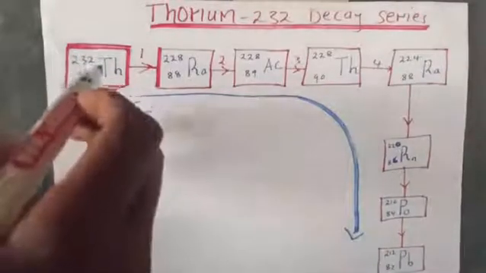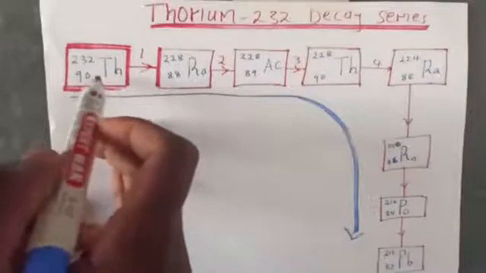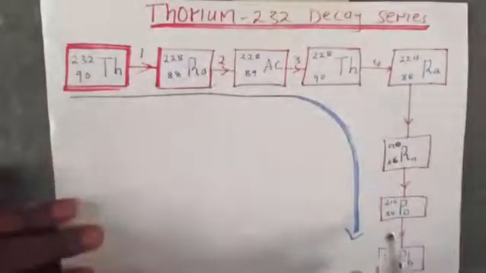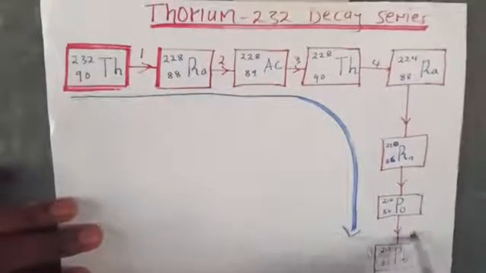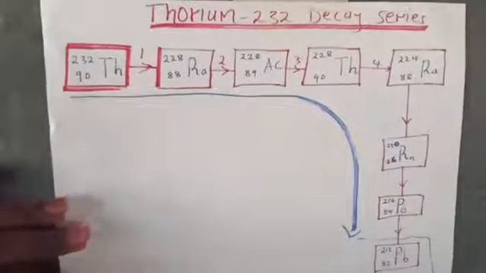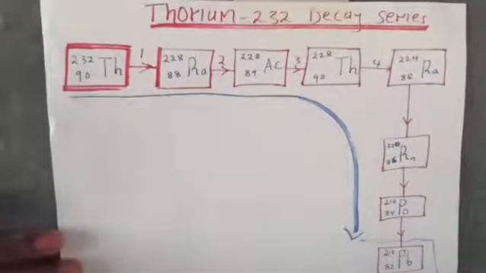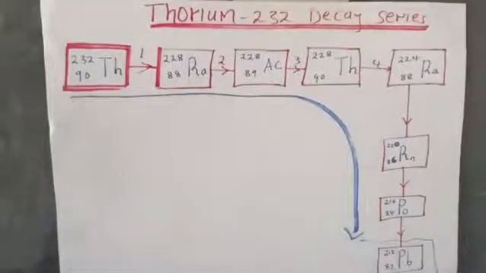All these nuclides that are formed from thorium all the way to polonium are radioactive nuclides until we get lead-212, which is not radioactive. This is what we call a decay series.